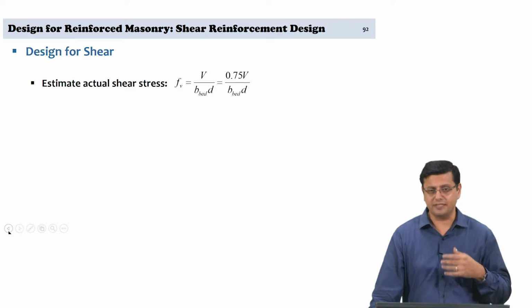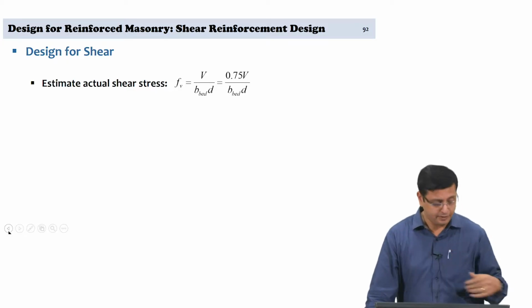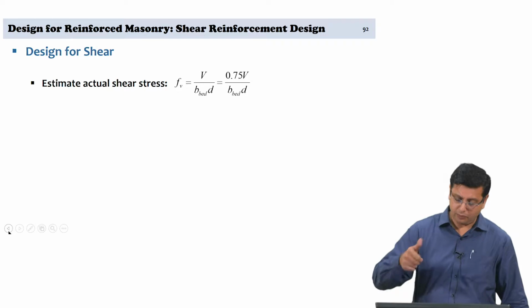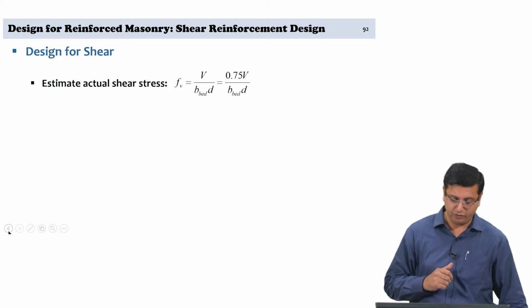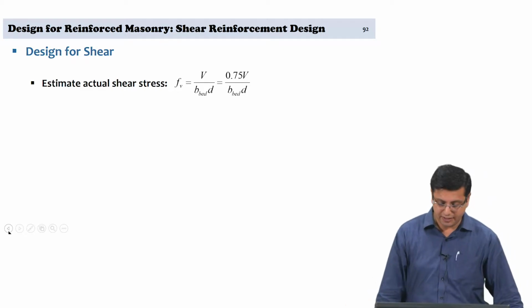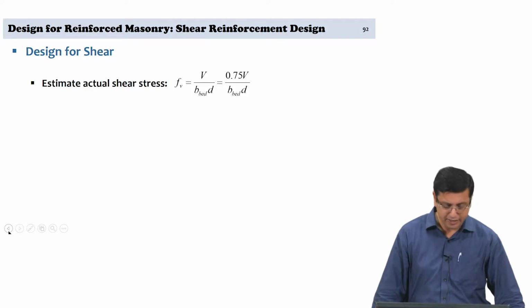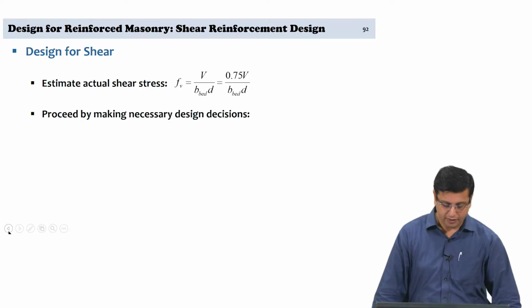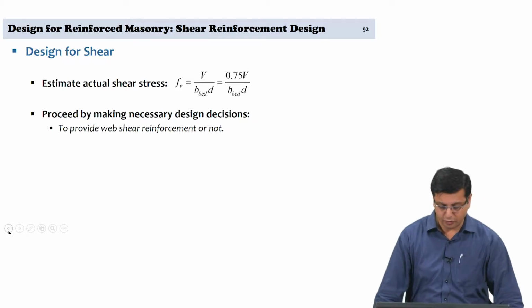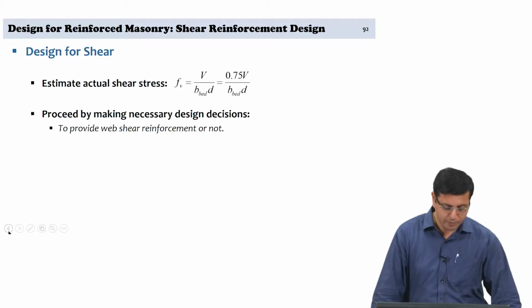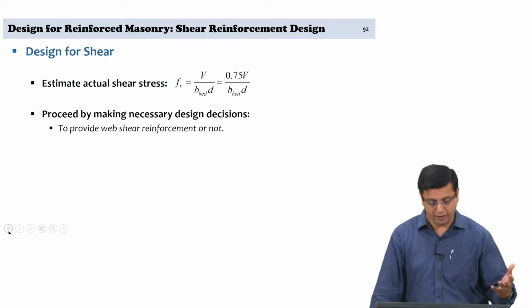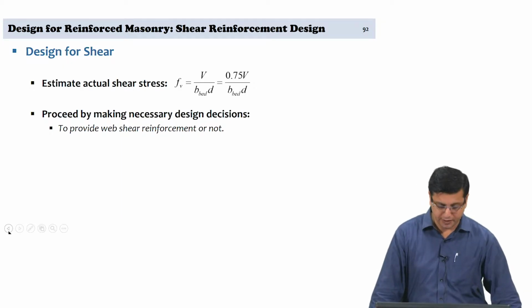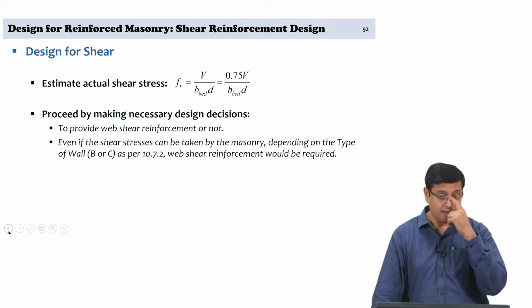We take about 75%, it is Bd divided by 75% of the shear force itself is the shear stress that we are looking at here. 0.75 V by Bd is your estimate of the shear stress, and here you make the decision of whether you are going to go with a web shear reinforcement or no web shear reinforcement. Of course, that depends on the level of shear stress that the wall is experiencing, given the distribution of shear force in the wall itself.